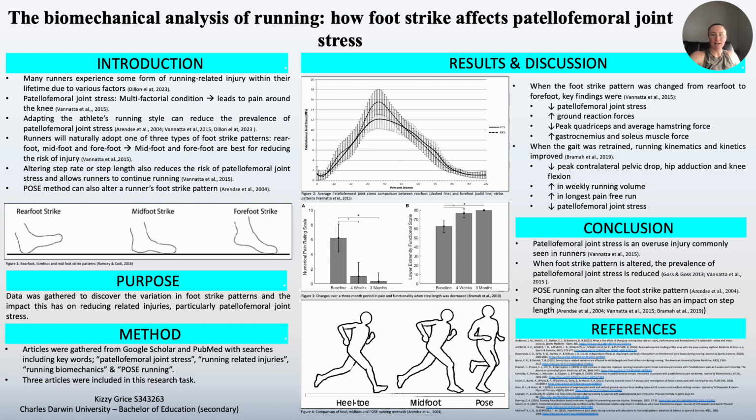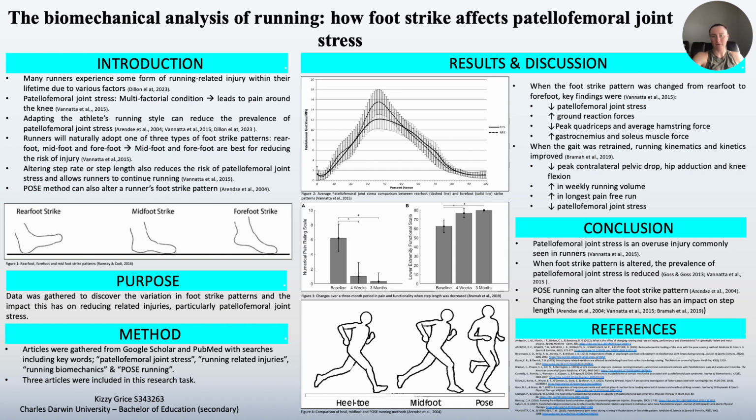Figure 2 up here outlines the average patellofemoral joint stress across participants during the stance phase of running. This study was conducted by Vanata et al. 2019. These authors investigated the differences in patellofemoral joint stress in runners depending on their foot strike patterns, so coming back to the rear, mid, or forefoot strike patterns. 16 healthy female runners with an average age of 22 years old took part in the study and completed 20 running trials which utilized the rear foot and the forefoot strike patterns.